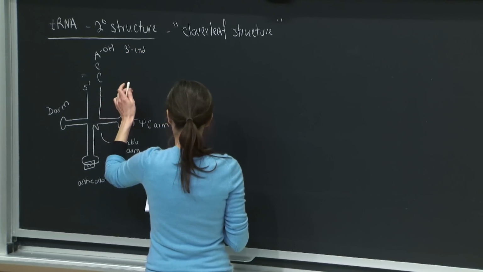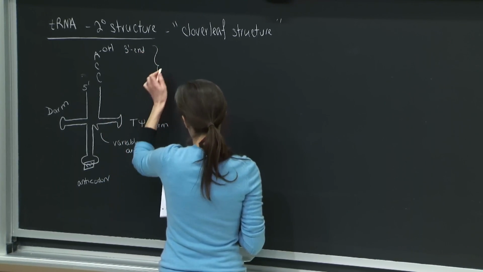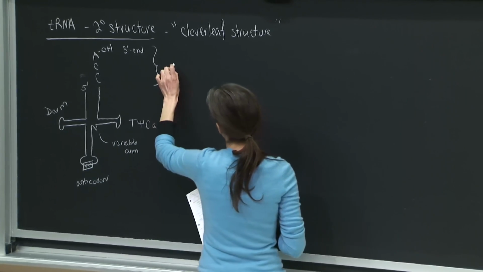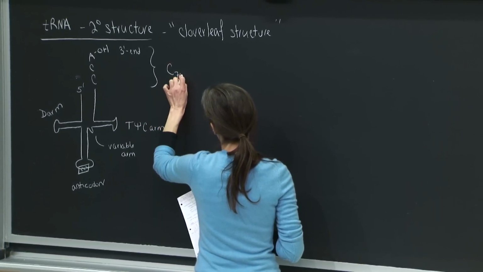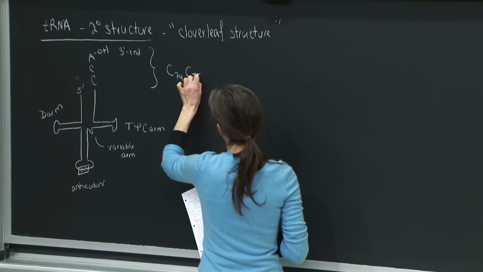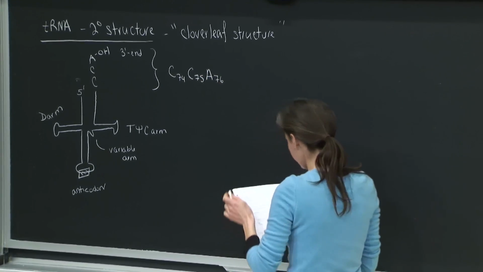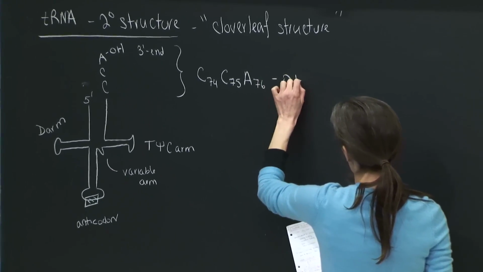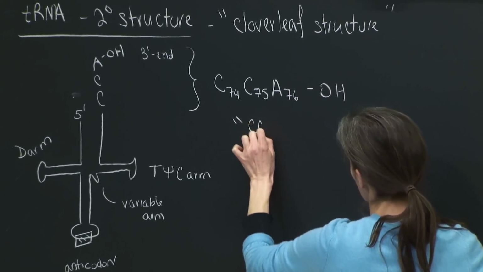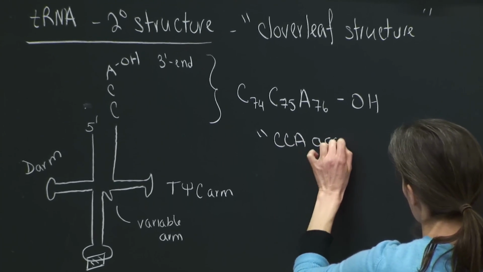here where the amino acids get attached. In terms of base numbering, we have C74, C75, A76 here. This is often called the CCA acceptor stem.